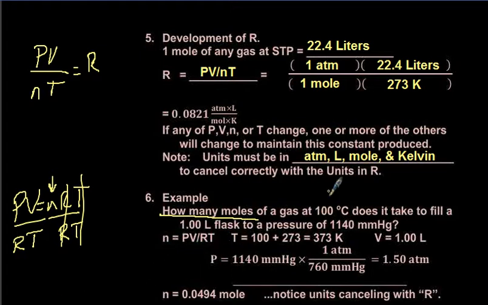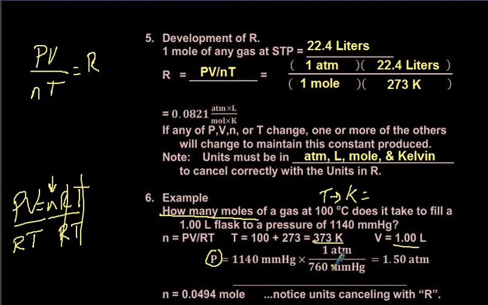Our temperature needs to be converted to Kelvin, so we're going to add 273 to 100 to get 373. Our volume is 1 liter, no change there, but we do need to change our pressure of 1,140 millimeters of mercury into atmospheres.